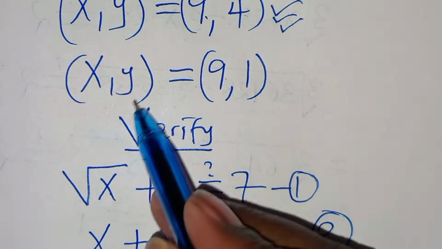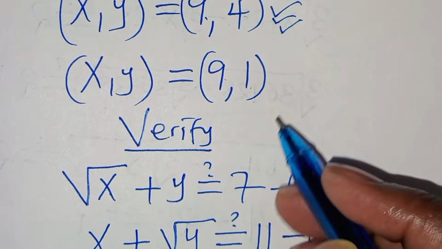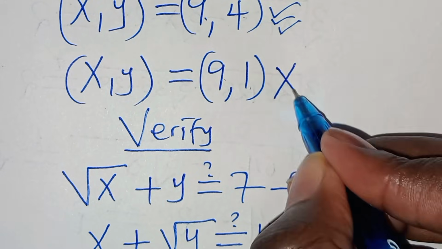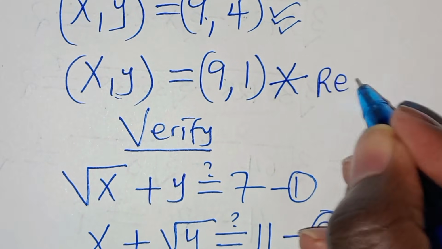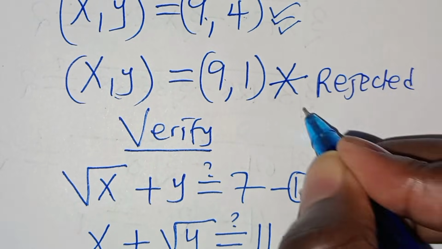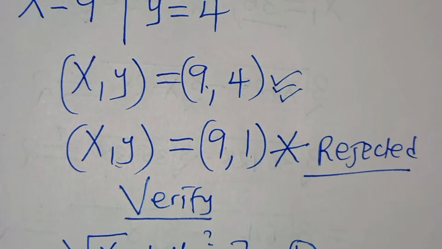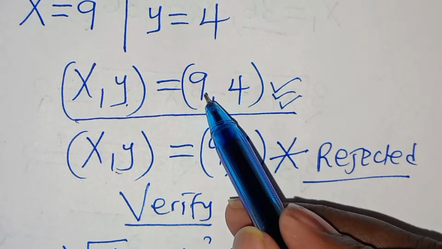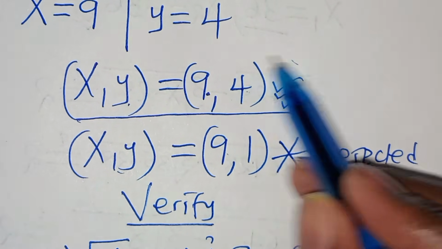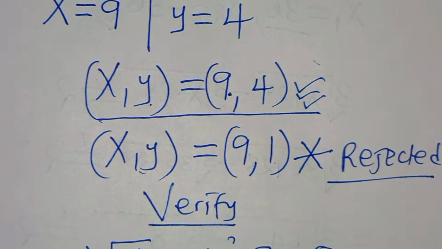So this means that x, y, which is 9, 1, does not satisfy the equation. So this set of solution here is rejected. We only have one solution, which is x comma y, which is 9, 4. This is the only solution for this algebra problem.